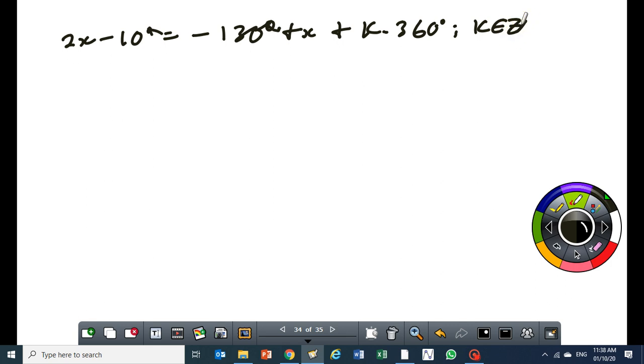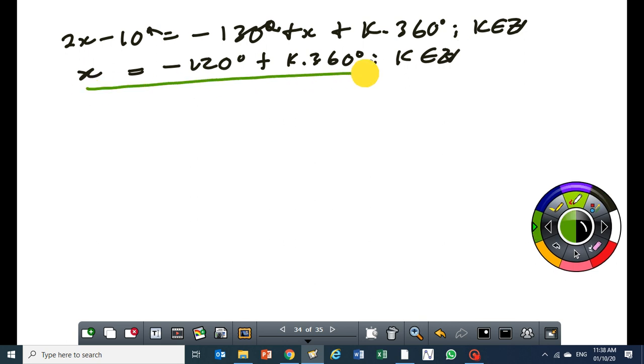Okay? Then take that x to the left, you get x. Take the minus 10 to the right, you get minus 120 degrees plus k times 360, where k is an integer. So that's the second general solution. Okay? I'm not done.